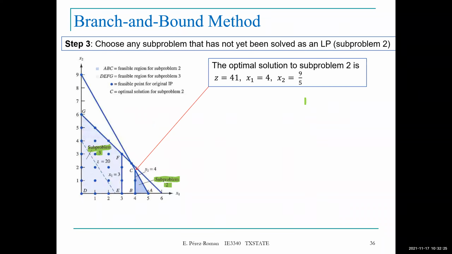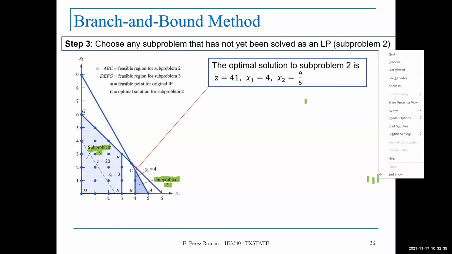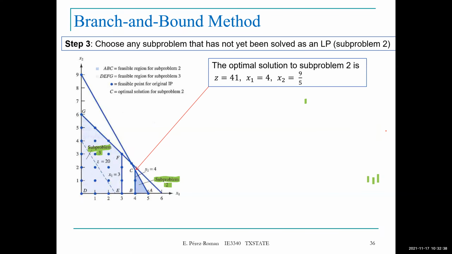The optimal solution to subproblem 2, if we continue solving this using the graphical method, remember this is your isoprofit line. So this is the isoprofit line right here. If you move that line parallel to it in this direction, the last point that is going to be touched for subproblem 2 is going to be that point. So that will be the optimal solution for subproblem 2.